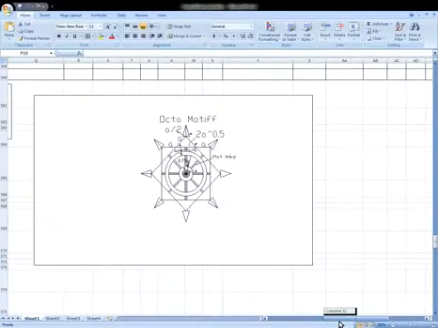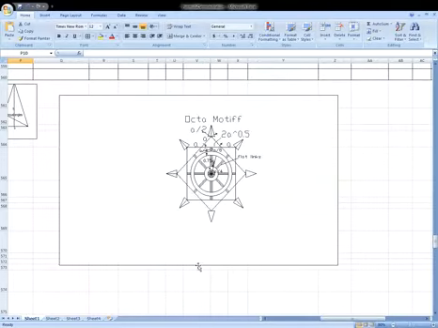Octa motif. Octagon it is, meaning there are 8 corners. Actually, there's a square here, and a square here, at 45 degrees to this. There is one circle here, there's another circle here. It's connected here like this by some passages or something. So we have these isosceles triangles around like some kind of shield.